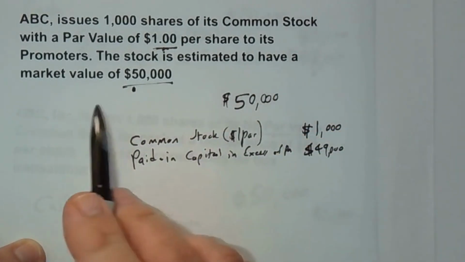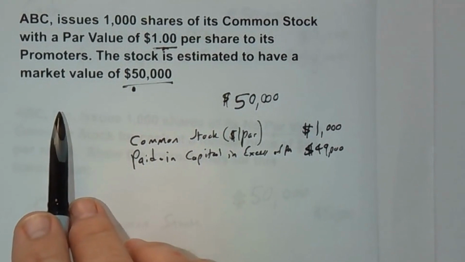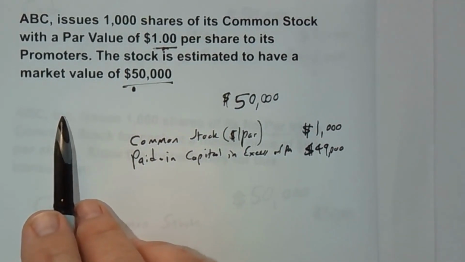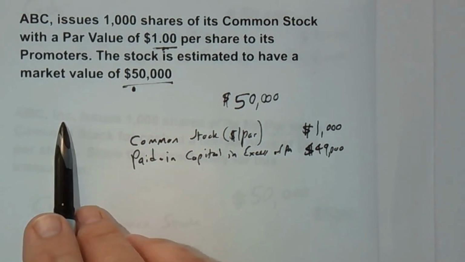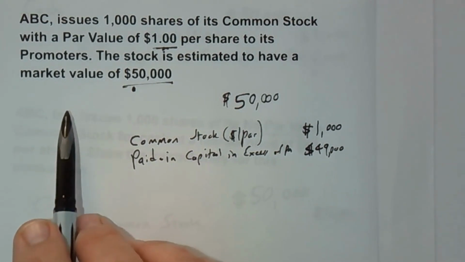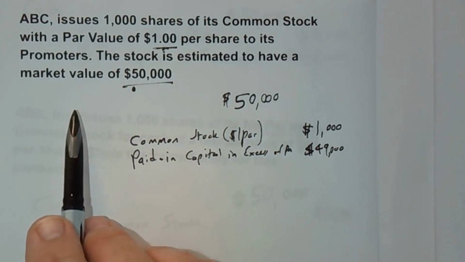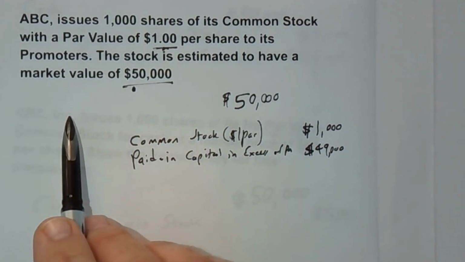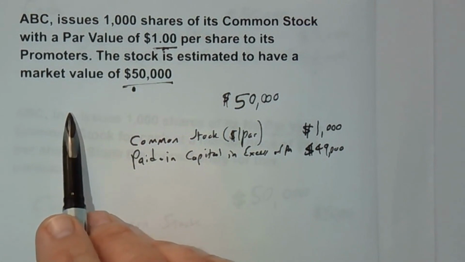And what are we going to debit? We're not going to debit cash because cash was not received for these. Services were provided, and these were the services for setting up the company. And we're not going to capitalize it in any way because all the services are done. They're not going to be of value in the future.